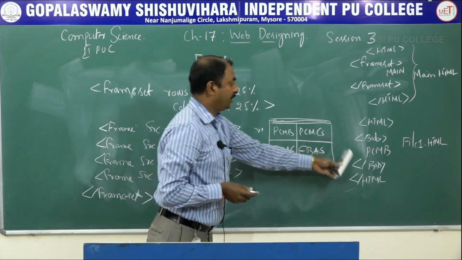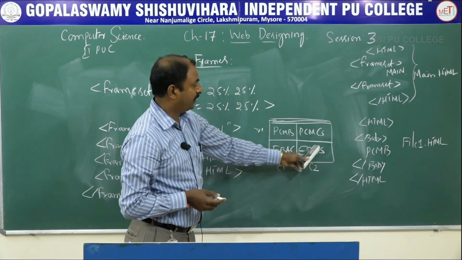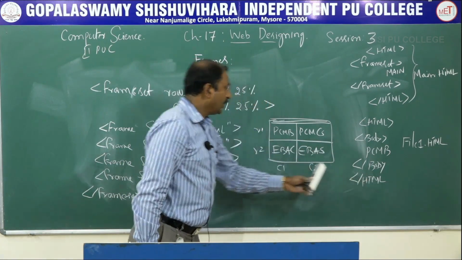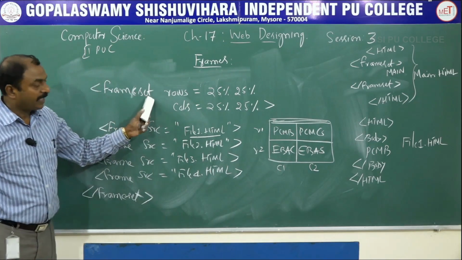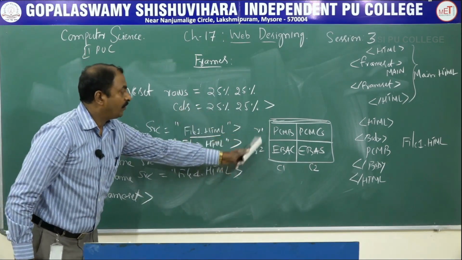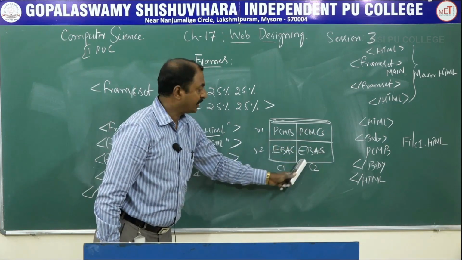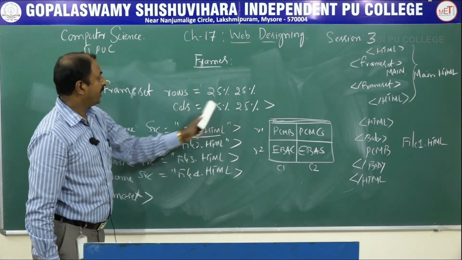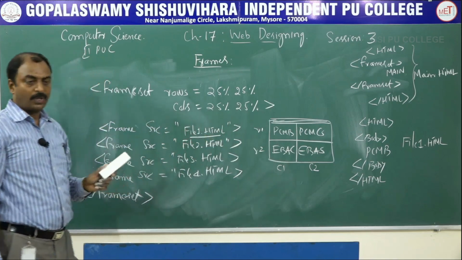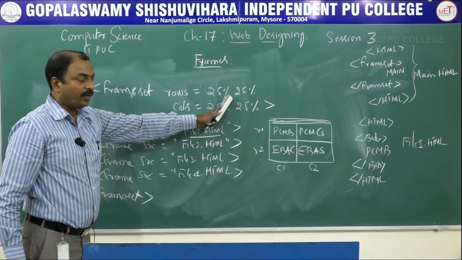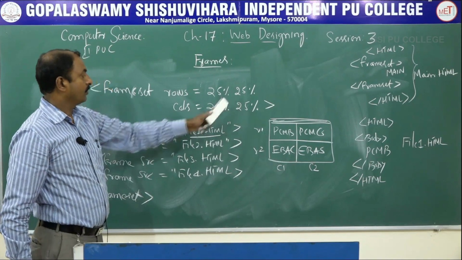Suppose you write a program like this to display like this, 4 HTML programs will be there. So in this frameset tag, we have divided this web browser window into 4 parts or 4 sections, 2 rows as well as 2 columns. So this is one method of using frameset tag here.